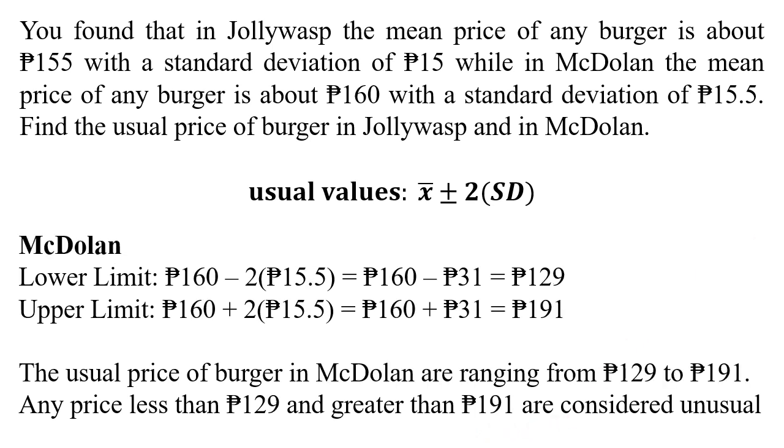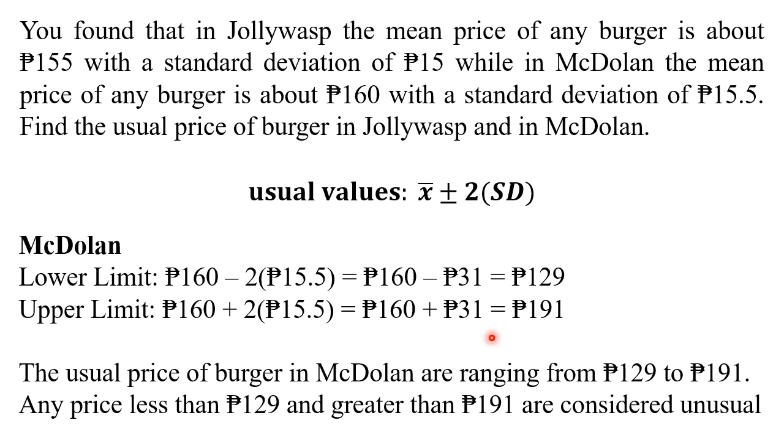For McDonald's, the mean is 160 with a standard deviation of 15.5. So for the lower limit, 160 minus 2 times 15.5. Sorry, 160 minus 31 will give us 129. For the upper limit, 160 plus 2 times 15.5, which is 160 plus 31, will give us 191.